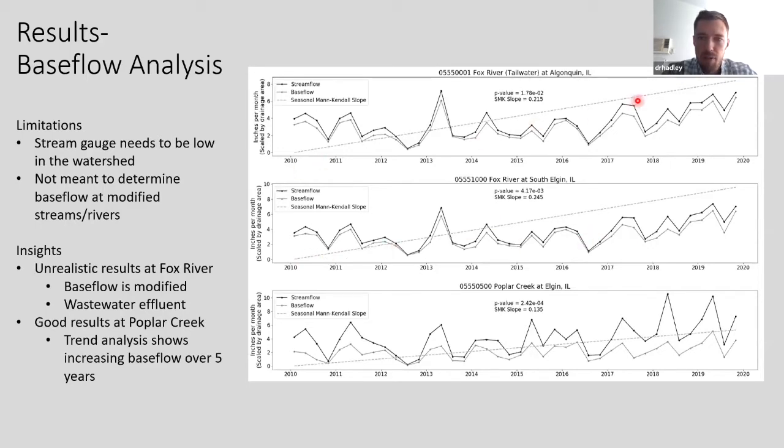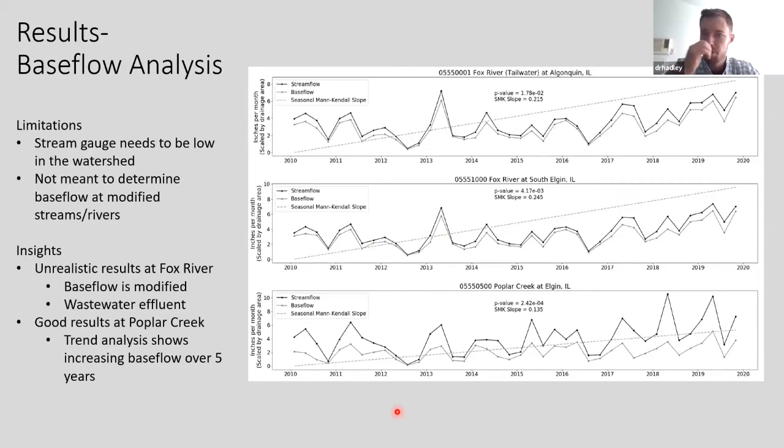In all three cases, the baseflow does show a positive trend. I should just note here that this trend represents a qualitative increase or decrease, not necessarily a magnitude of how much it increased or decreased in terms of discharge itself.